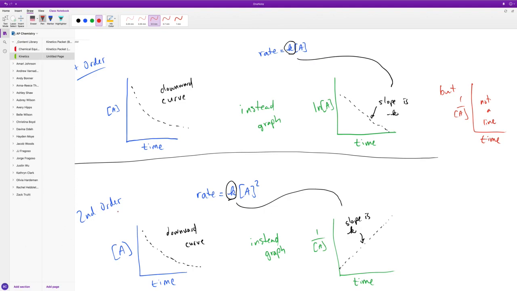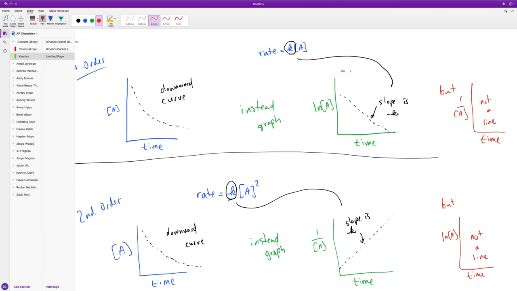And if you take a second order reaction and you try to graph the logarithm of A versus time, you won't get a line either. The only time you get a line is if you've done the appropriate integration in calculus for a first order or a second order reaction. So this actually allows us to determine, is a reaction first order or second order?